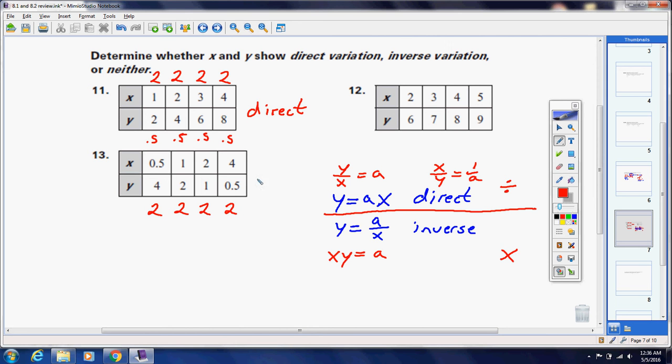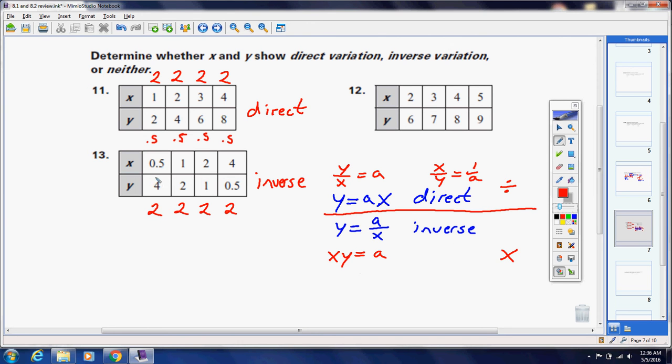So that tells me that I have an inverse variation, just like in my equation down here. When I'm multiplying x and y, if I'm always ending up with the same constant, then I have an inverse relationship between the two variables.